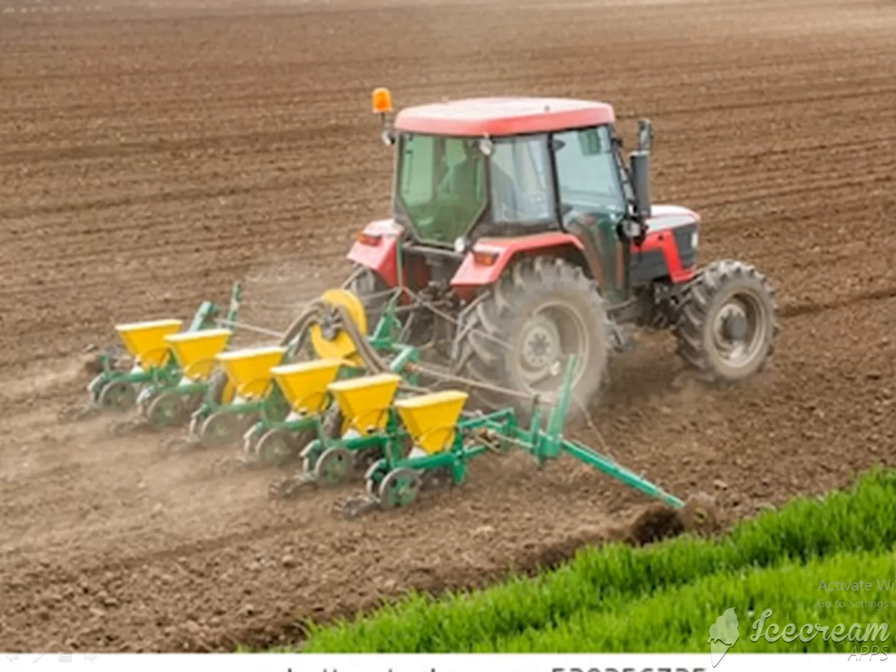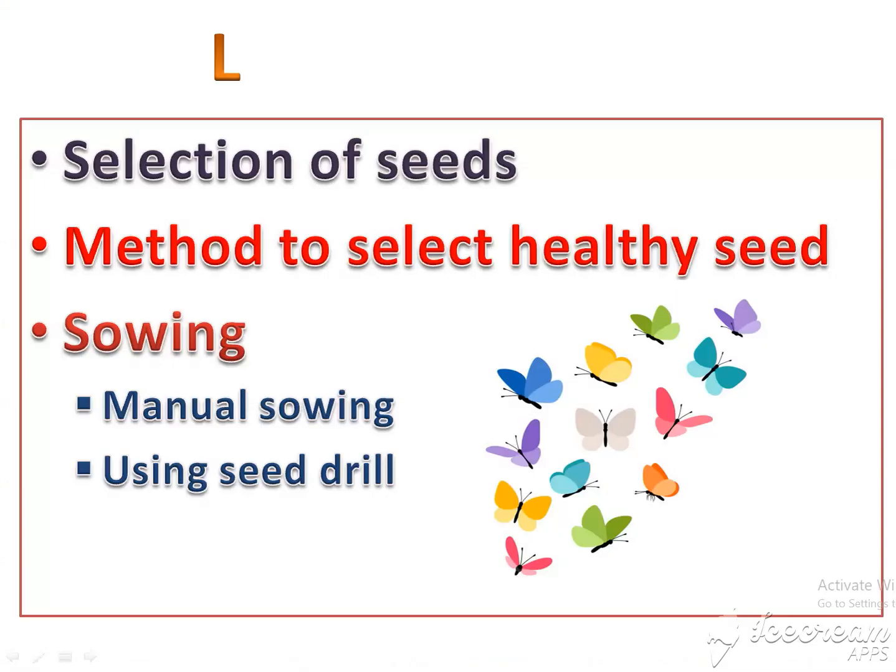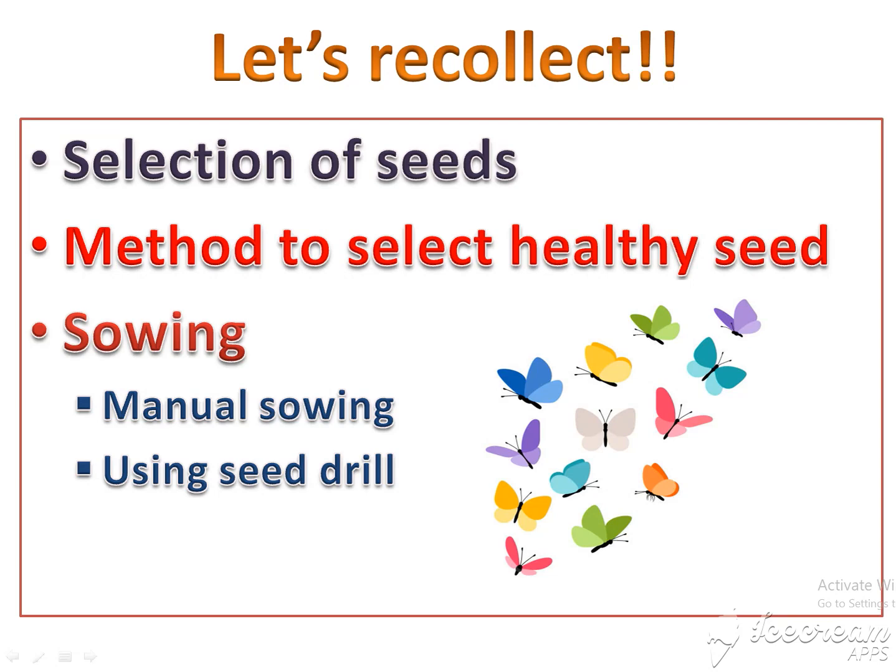Okay, now let us recap today's portion. Today we learned the second step involved in crop production, that is selection and sowing of seeds. First, selection of seeds. In that we learned about the NSC, the National Seeds Corporation, which produces good quality agricultural seeds.